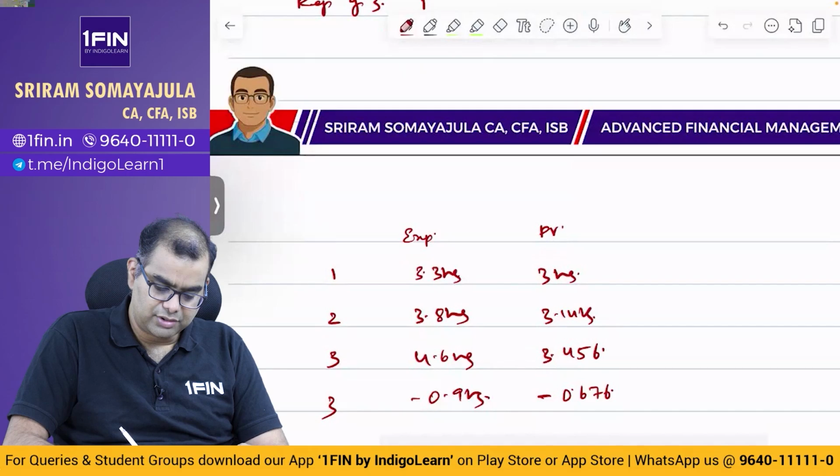Now EAC, how will you do it? Present value interest factor annuity for years 1, 2, 3 at 10%. 1 by 1.1 is 0.909. Then 1.7355, and for 3 years, 2.487.